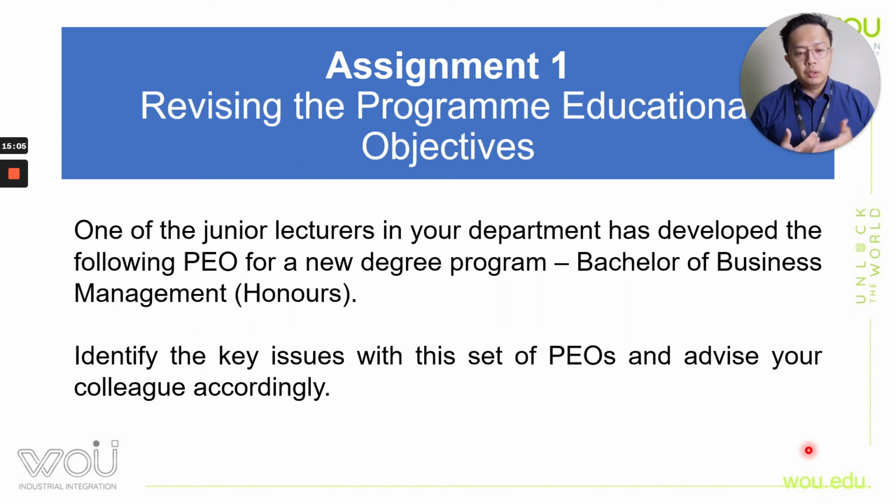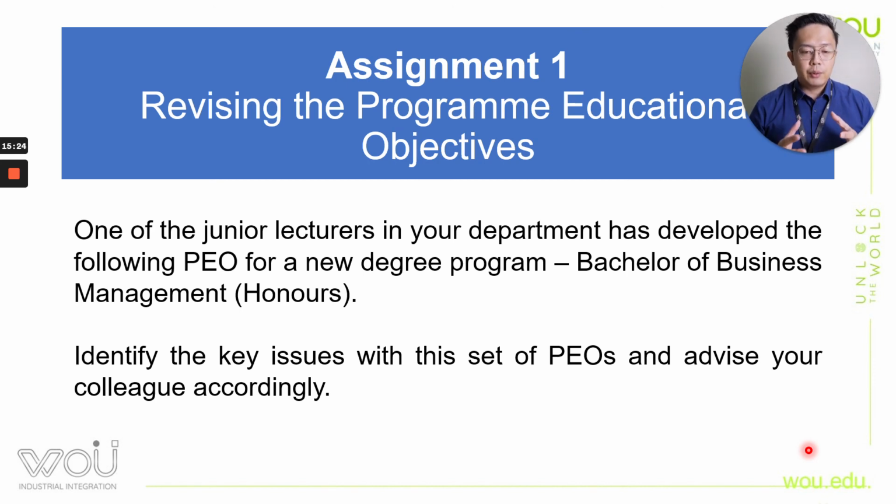So you, as the more experienced one, need to identify the set of issues related to this PEO set by your junior lecturer, and advise your colleague accordingly. So go to the assignment, complete it and submit through FlexLearn.